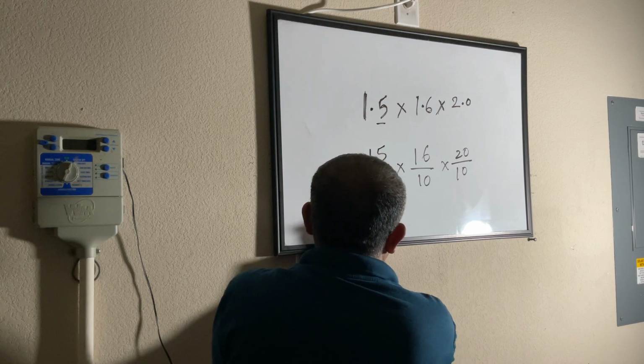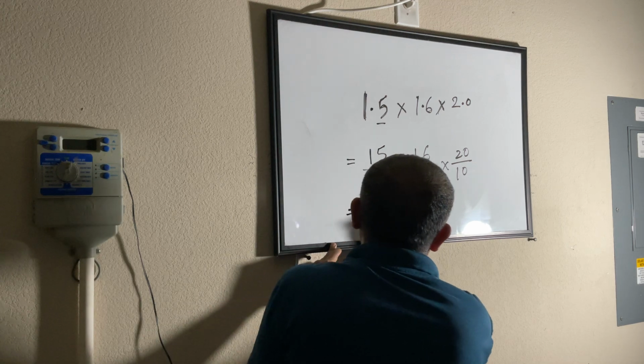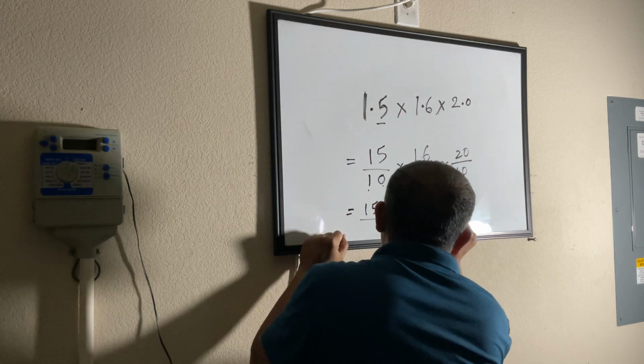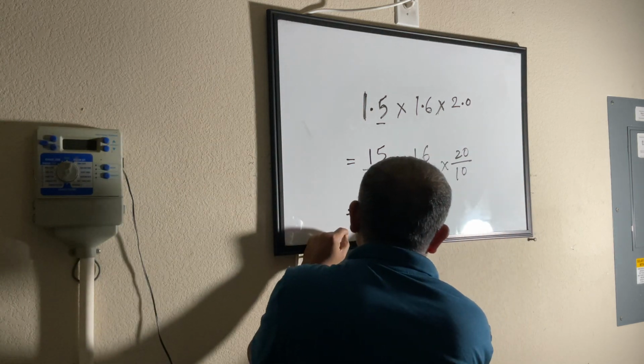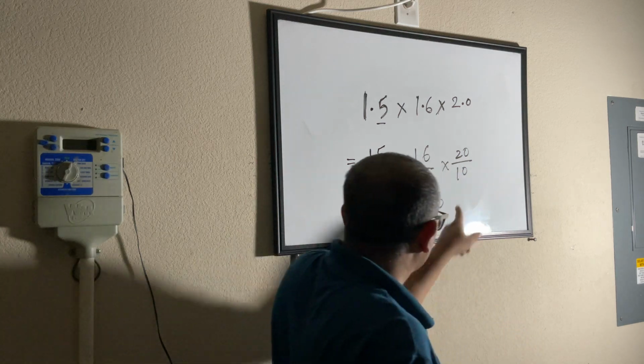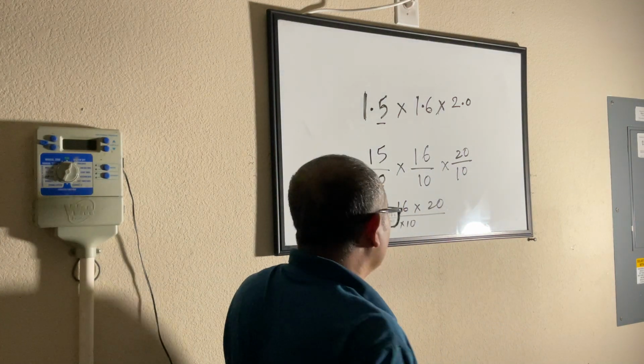Now look at this. So what I have is 15 into 16 into 20, everything on the second floor and everything on the first floor, 10 into 10 into 10. We can do all this calculation, but we don't want to.